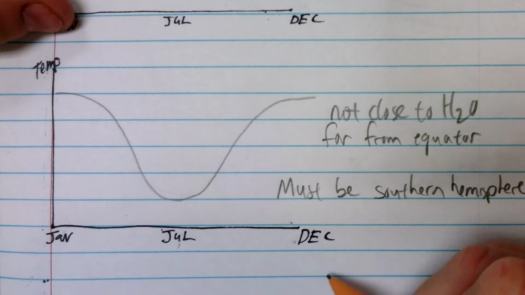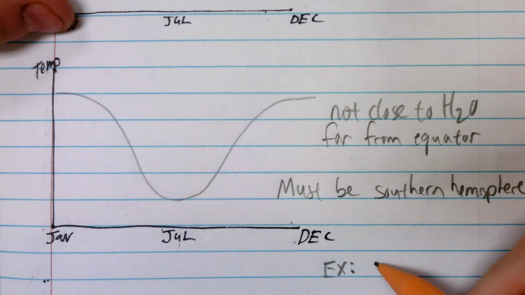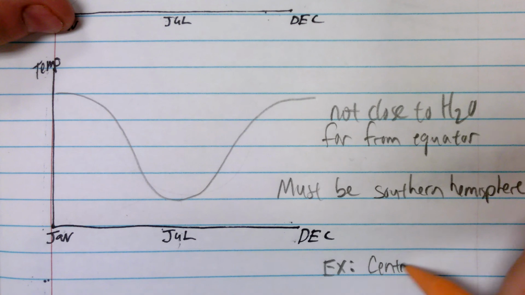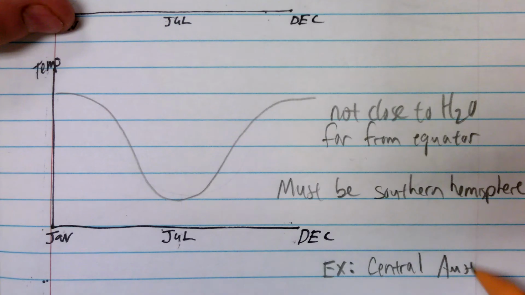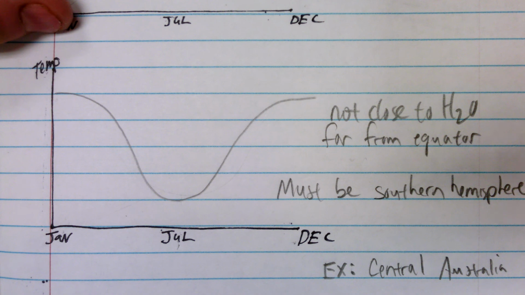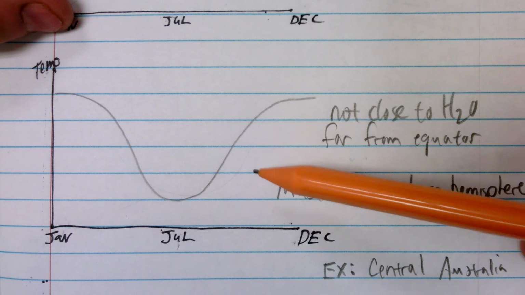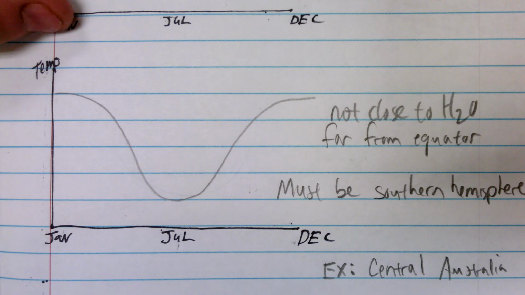So a good example for this would be like central Australia. A big chunk of land. Australia is a big, huge island. So you can get far away from the water. And you're in the southern hemisphere. So you're going to have a big change in temperatures between seasons.